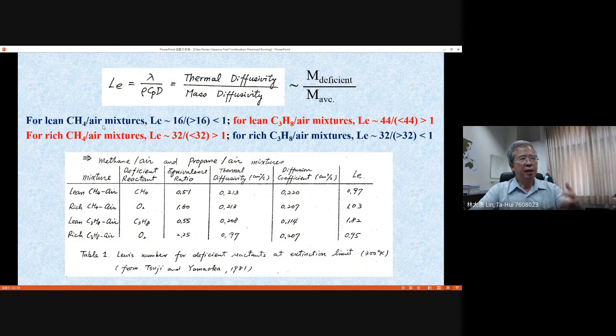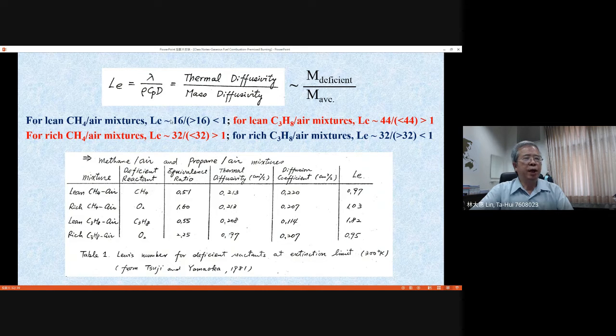Air consists of nitrogen and also oxygen, right? Both of them have molecular weight much higher than that of methane. When you mix together, there is no possibility to give you an average molecular weight smaller than 16, right? It should be larger than 16. Then you will find the value in the denominator should be larger than 16.